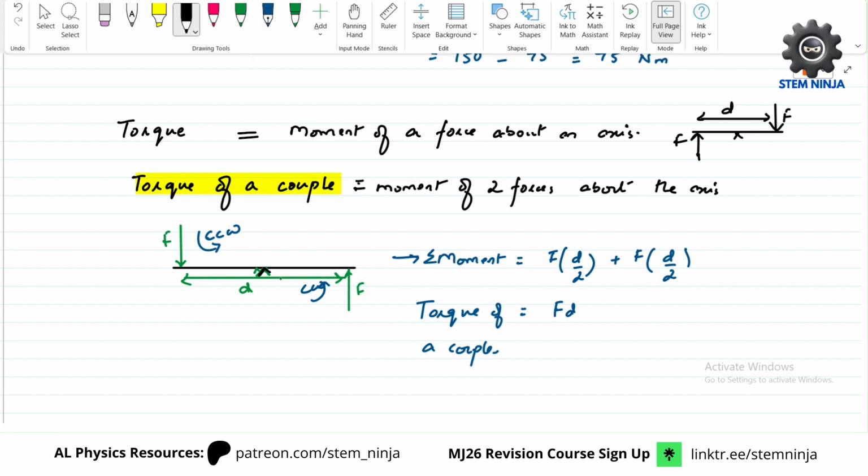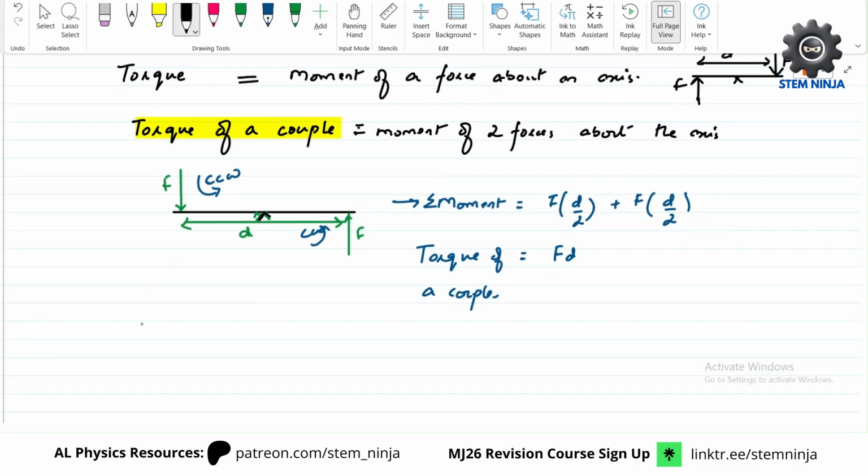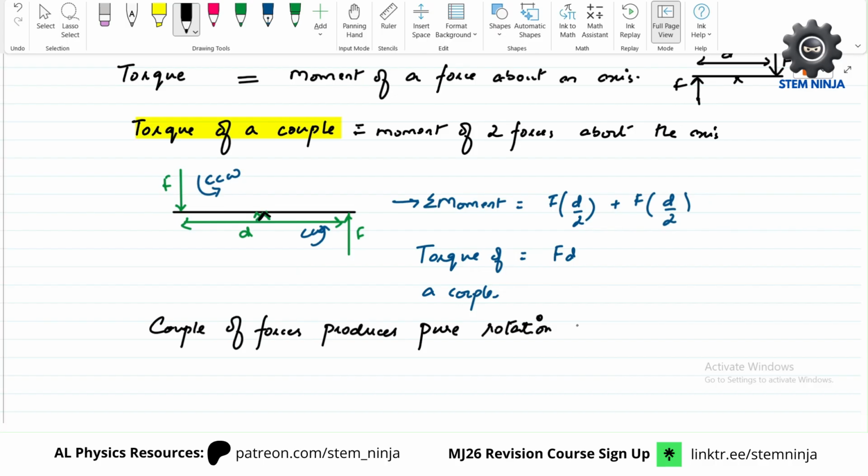One thing to notice over here, torque, or simply just a couple of forces, produces pure rotation, no translation.